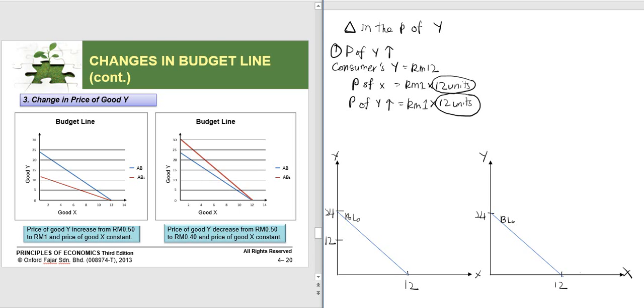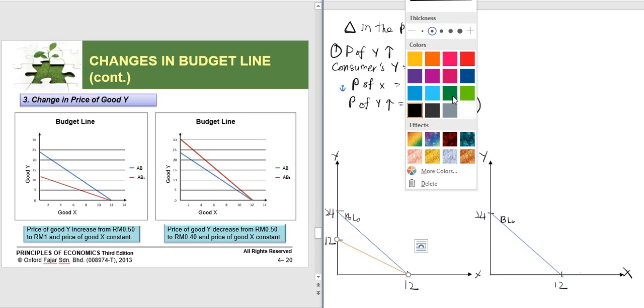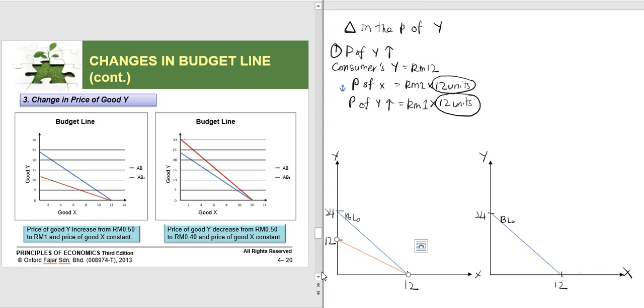So you draw the new budget line shifting downward. Okay, so this is your new budget line, BL1, shifting downward. That is when the price of Y increases, so the quantity of Y that the consumer can purchase is reducing.